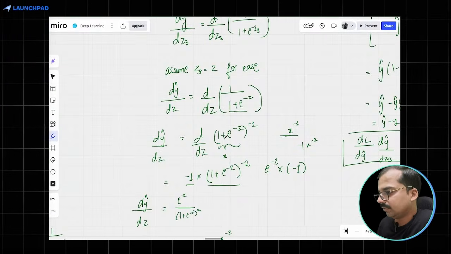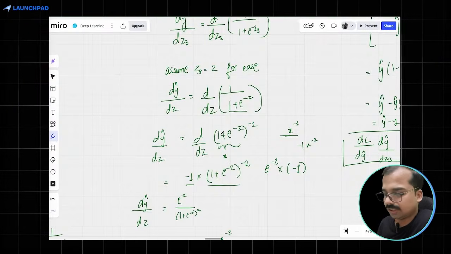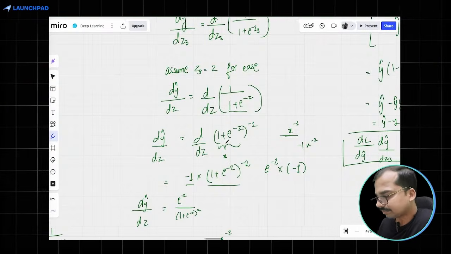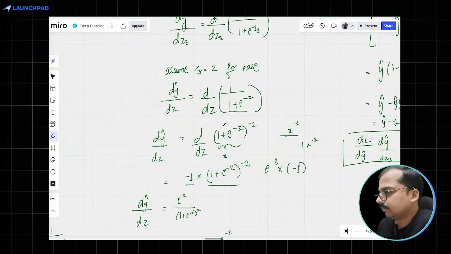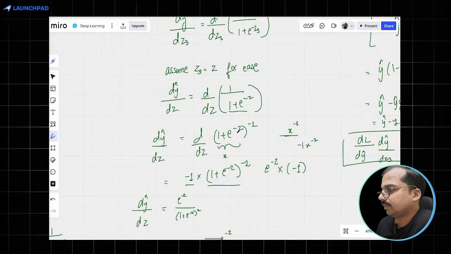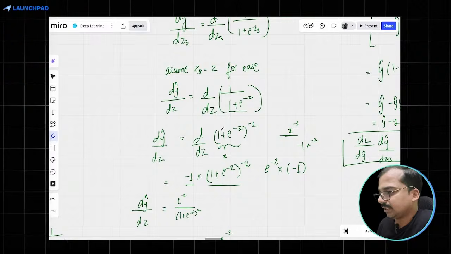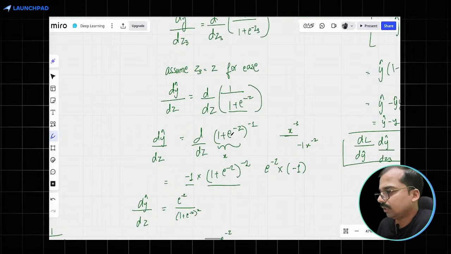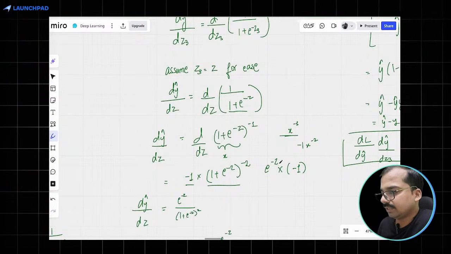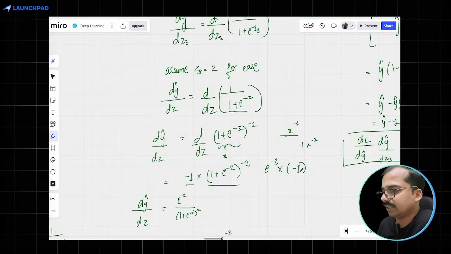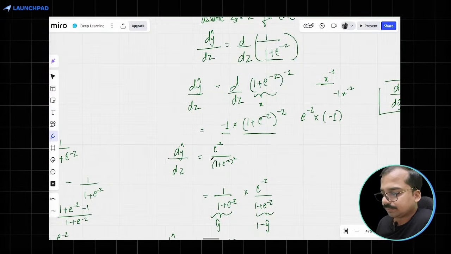And then we differentiate this. What is my x? Again, only the chain rule is applied. Here I have split this into two sections. I'll not go into depth of this, you can try it on your own also. If I differentiate this, this is constant, so it will be 0, plus the derivative of e to the power minus z, which is e to the power minus z, and the minus sign is there, that's why minus 1. So this comes out to be something like this.